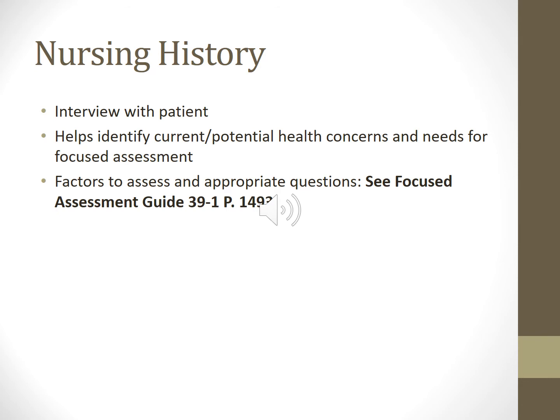And so it gives this overview of things you should assess for with a nursing history and the appropriate questions you can ask your patient to get that information. So I highly recommend having a look at that. And then our next slide, we're going to talk about what we assess for physically on our patient.